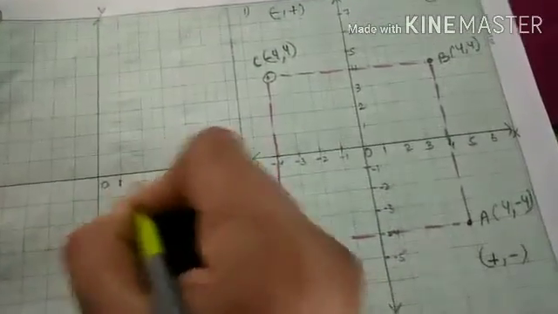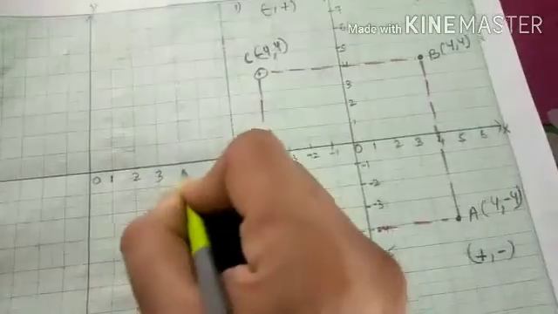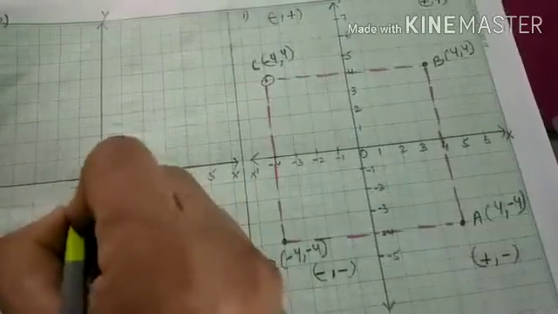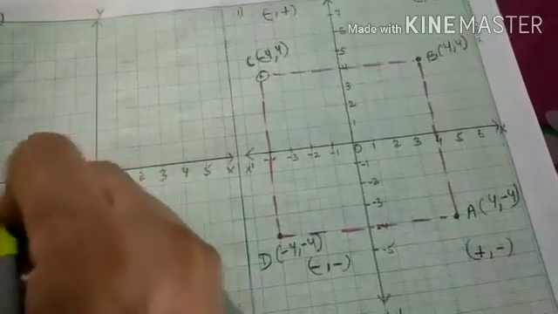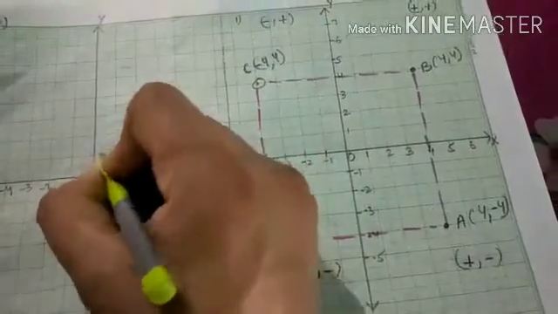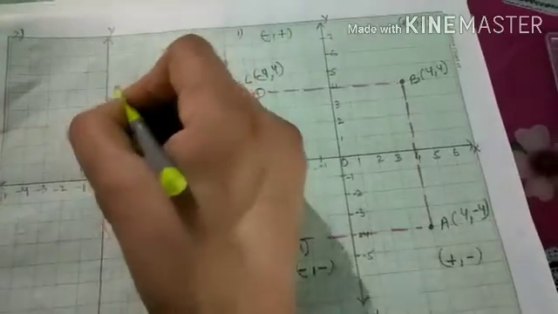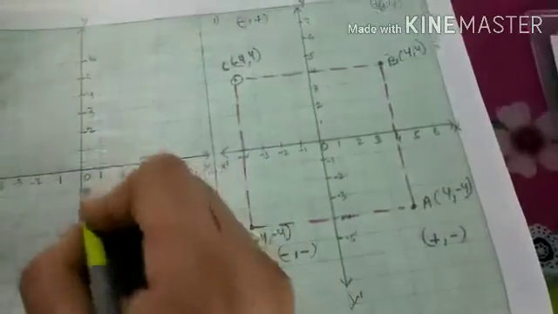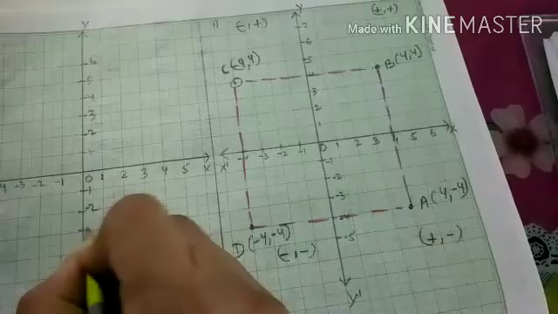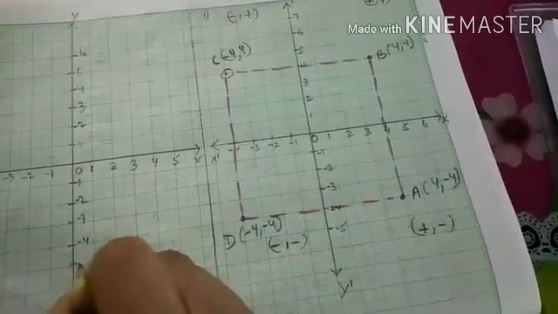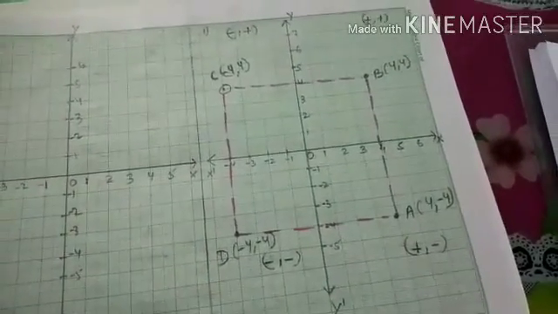Now we will put numbers here: 1, 2, 3, 4, 5, and -1, -2, -3, -4 on the x-axis, and 1 to 6 and -1 to -5 on the y-axis.